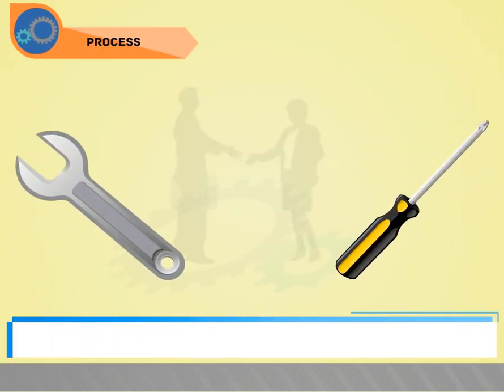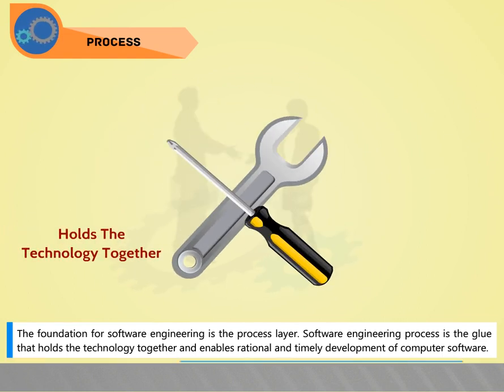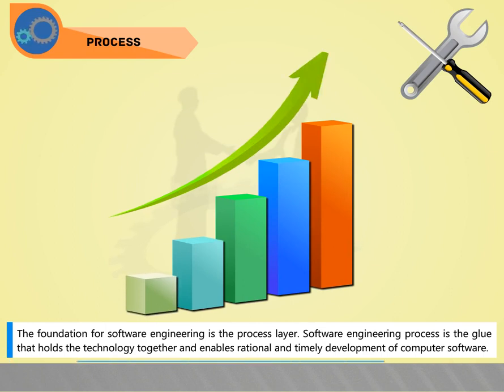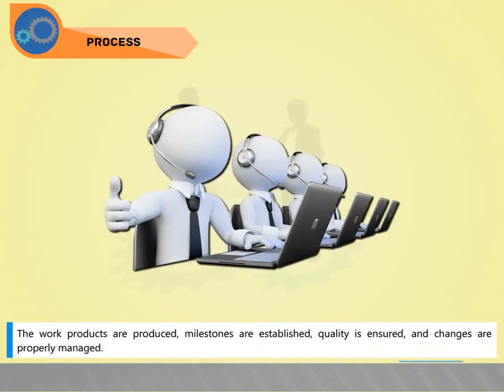Process. The foundation for software engineering is the process layer. Software engineering process is the glue that holds the technology together and enables rational and timely development of computer software. The work products are produced, milestones are established, quality ensured, and changes are properly managed. Methods.